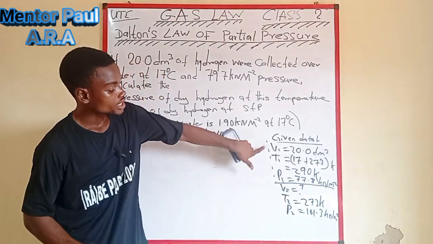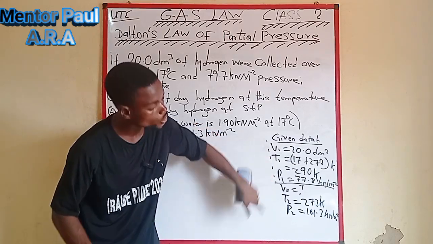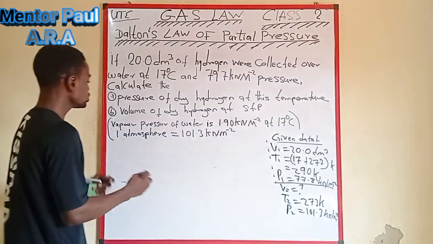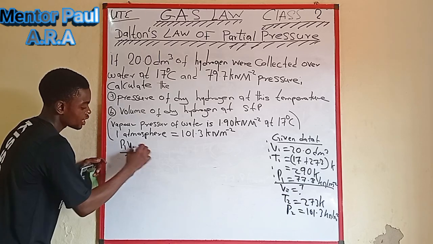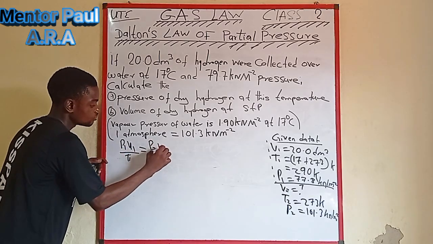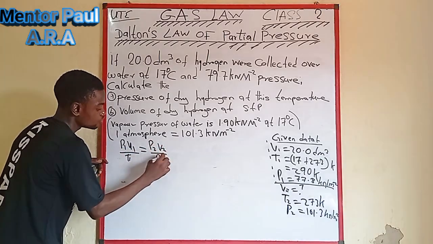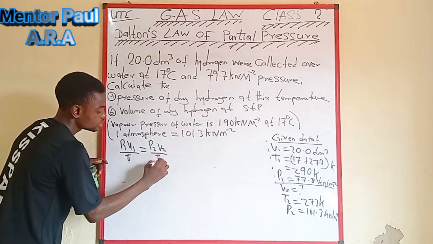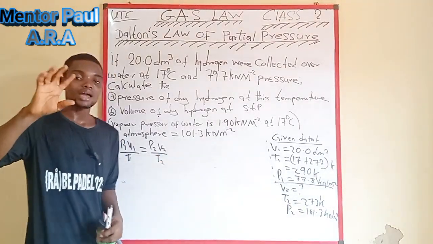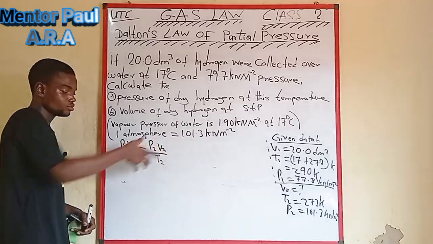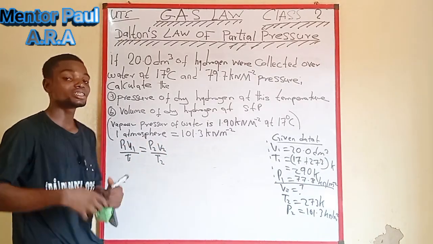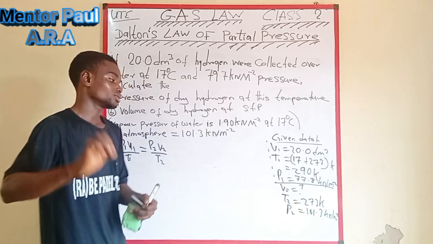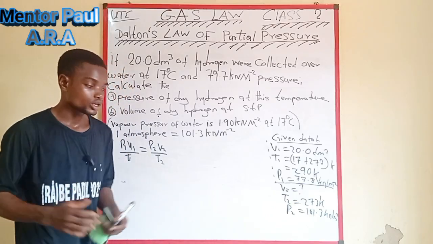It means that the temperature and pressure are not constant, so we are going to use P1V1 over T1 equals P2V2 over T2. In my first video, I explained what this means experimentally. I'm not going to talk about that here. Go and check the video and you can watch it.